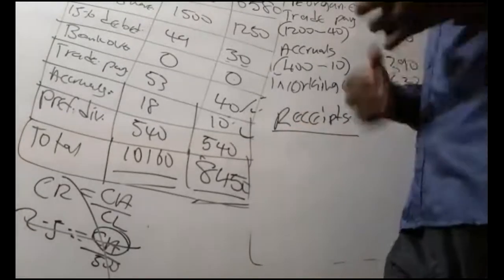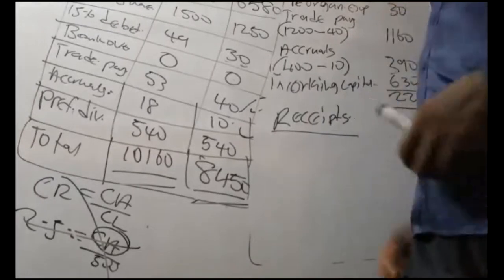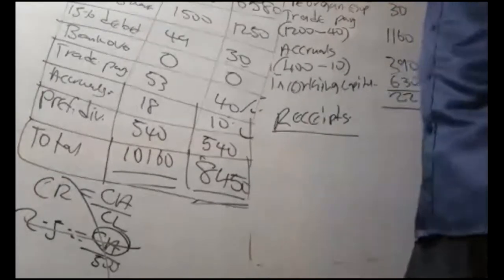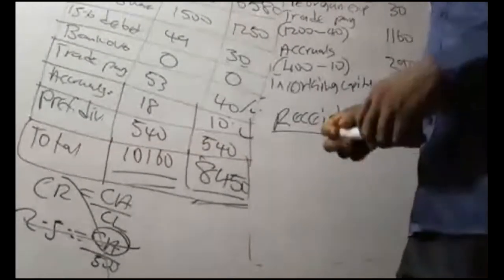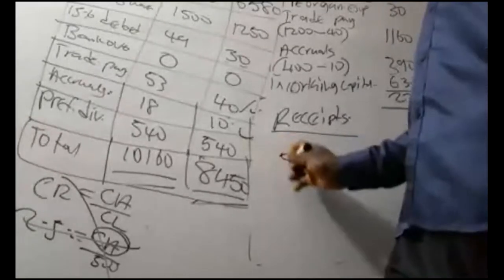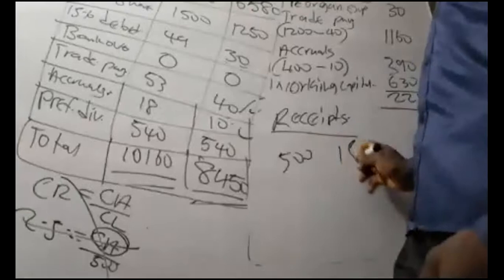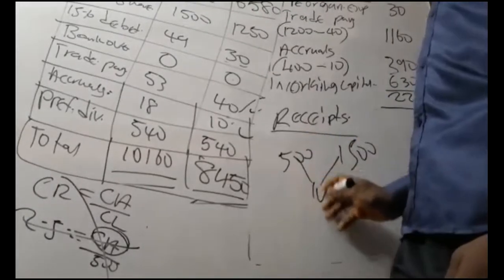Or are we going to sell any of our aging PPE? Or check the question. Sometimes the question will tell you the bank overdraft limit is, let's say, 1,005. We have gone for 500, but the limit is 1,005, and now we need money. So let's go for the difference of the 1,000.